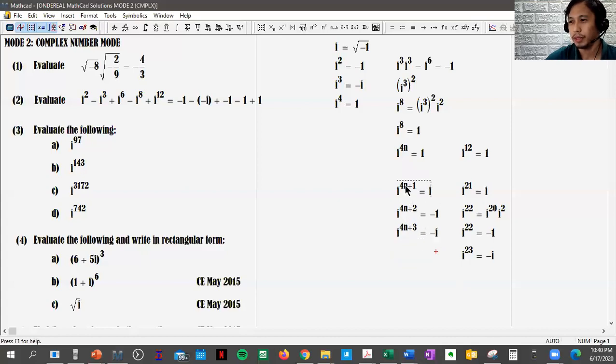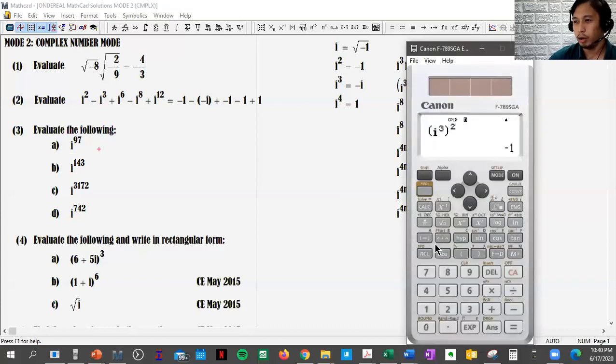So pattern ito. Okay? So if we are to evaluate this, all we have to check now is if that number is divisible by 4. Okay, 97. Okay, we know i raised to 97, of course, no? But ito yung gagawin natin. Divide 97 by 4. So we can see its quotient is equal to 24.25.